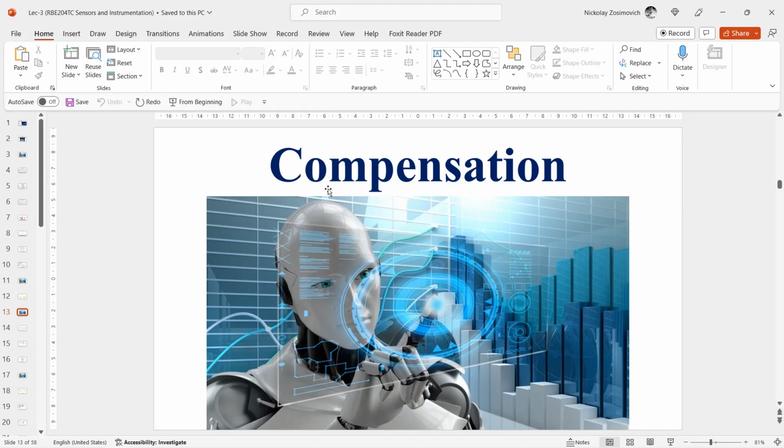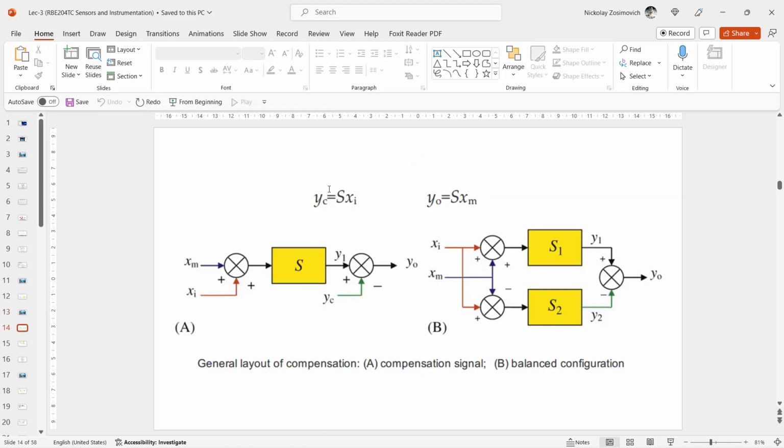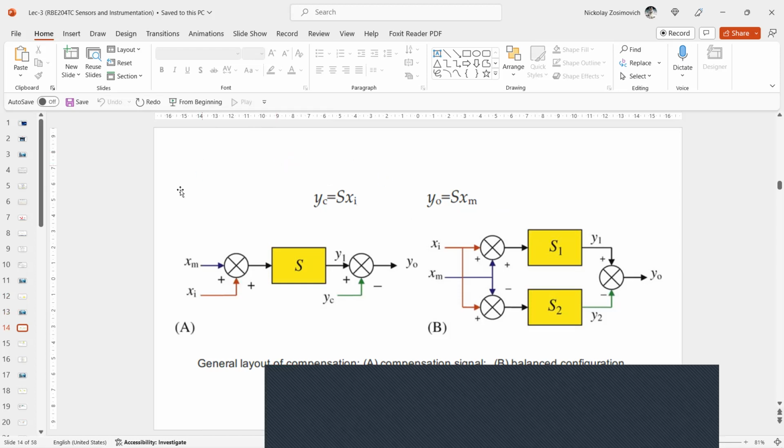Compensation is a simple and effective method to minimize additive errors due to interference signals. The basic idea is as illustrated in this figure, namely in figure A, on the left part of this slide. The output of the sensor, Y naught, you can see usually at the right side, contains unwanted signal components, for instance, due to the interference XI or offset.